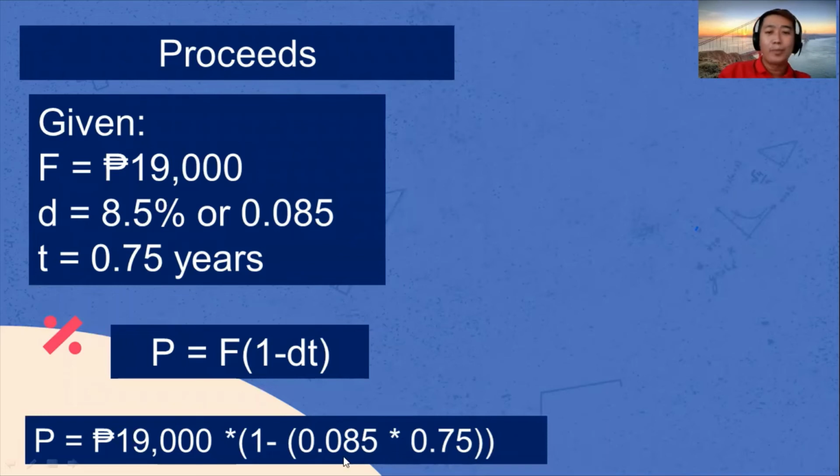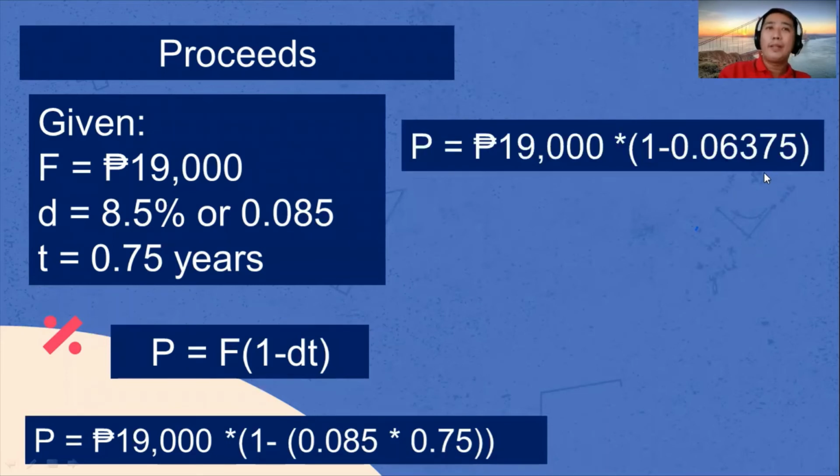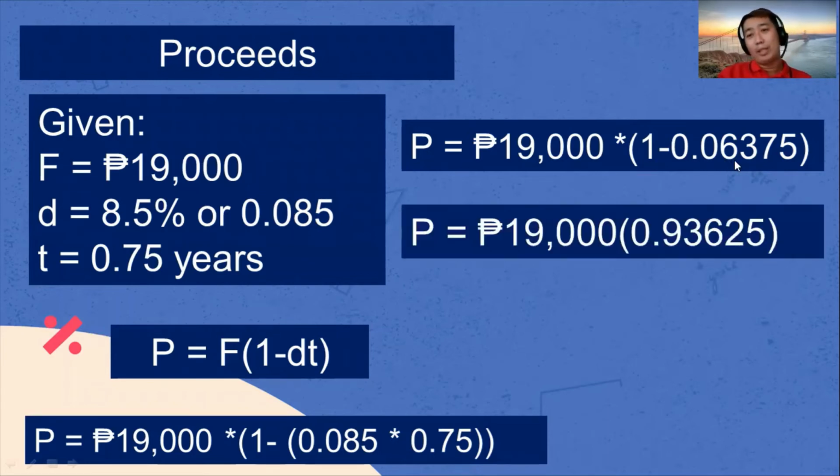First process, multiply 0.085 by 0.75. That is 0.06375. Then subtract 1 minus 0.06375. That is 0.93625.